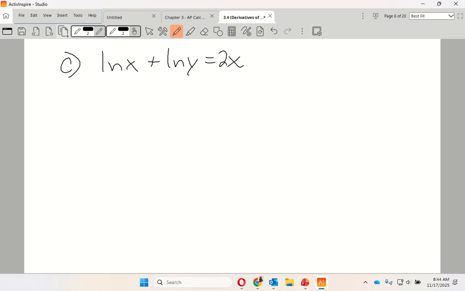Since I have a y in my equation, every time I take the derivative of something that's not x, I need to include a dy dx. So the derivative of ln x is 1 over x, plus the derivative of ln y, 1 over y, dy dx, is equal to 2.